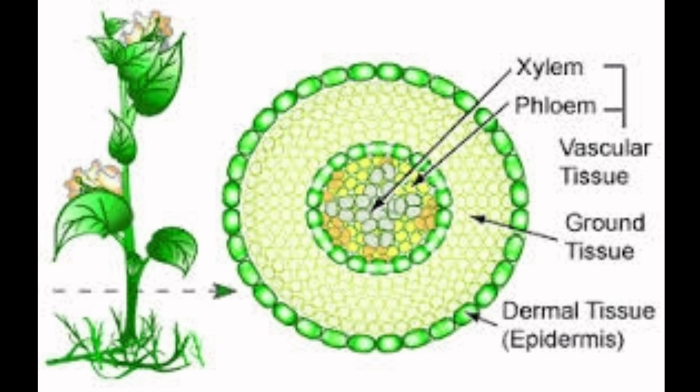The work of xylem is to transport water and mineral salts from root to leaves, and the work of phloem is to distribute the prepared food to the different parts of the plant. The last one is ground tissue. Its function is to provide support to the plants, and in leaves it manufactures food through photosynthesis. So these are the four types of tissue found in plants.